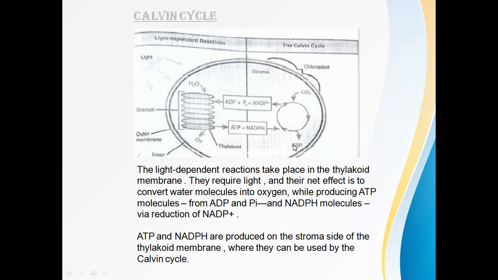It is a 3 carbon sugar. G3P here is glyceraldehyde 3-phosphate. Glyceraldehyde 3-phosphate or G3P molecule is a 3 carbon sugar which will be converted finally into the glucose or the sugars which are produced at the end of the process of photosynthesis.